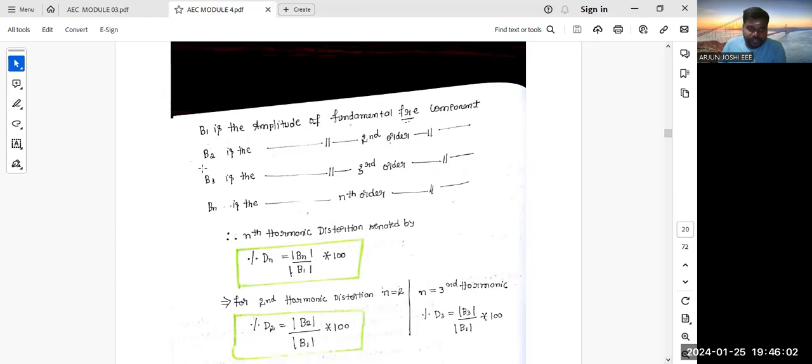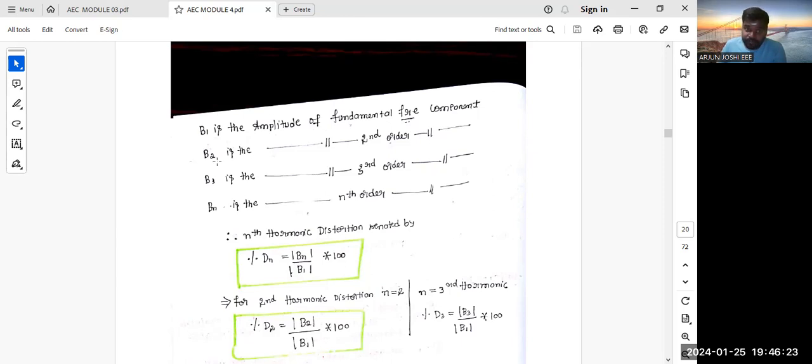Okay. We know B1 is the amplitude of the fundamental frequency component. The fundamental frequency is the common frequency, whatever it may be, for example 50 Hertz in the AC signal. But B2 is the amplitude of the second order frequency component.